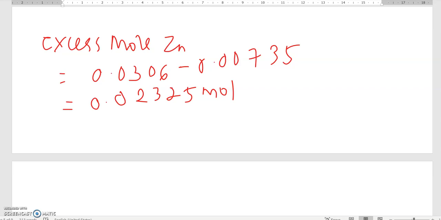And we make a relationship of mole with mass. So mass of zinc equals 0.02325 times molar mass of zinc, which is 1.52 gram.